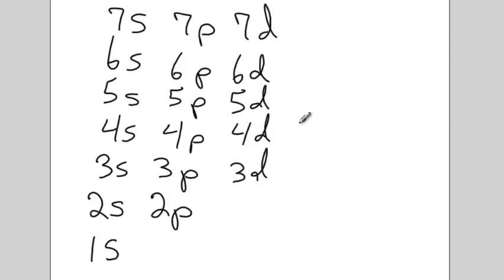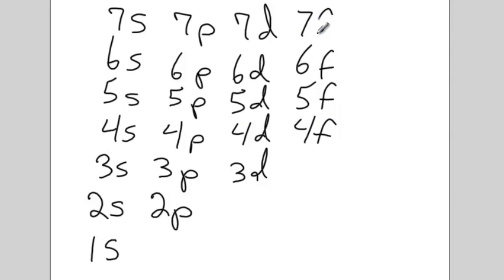Next to the 4d, you write 4f, 5f, 6f, 7f. Okay? Now, why isn't there anything down here? Well, remember, they don't exist. P means a quantum number of L equal to 1, but L can't equal 1 if N equals 1. So there's no such thing as a 1p. That's why all these guys down here are blank.